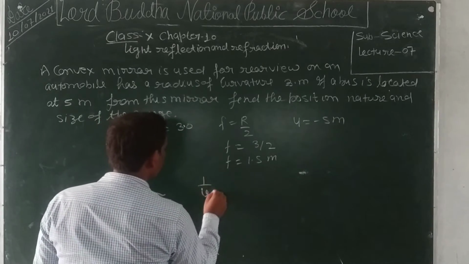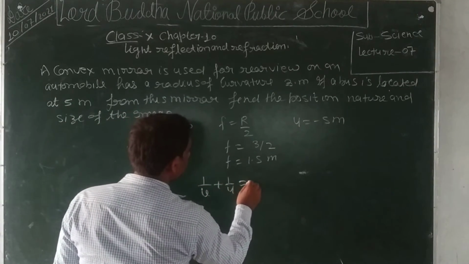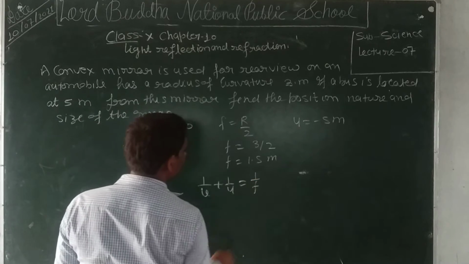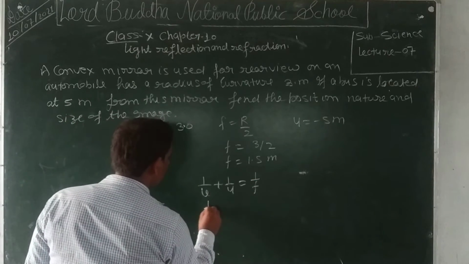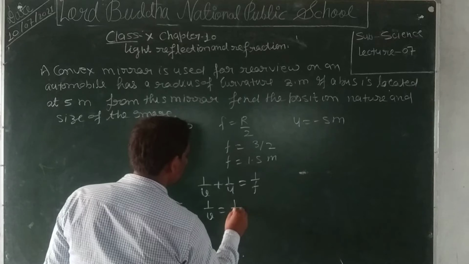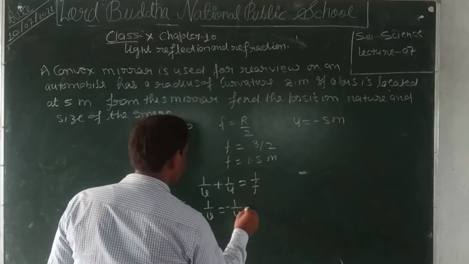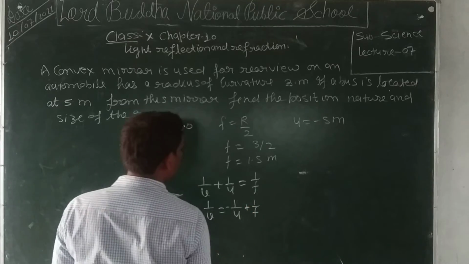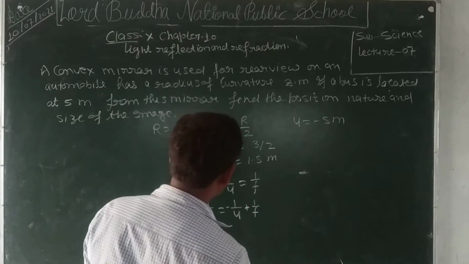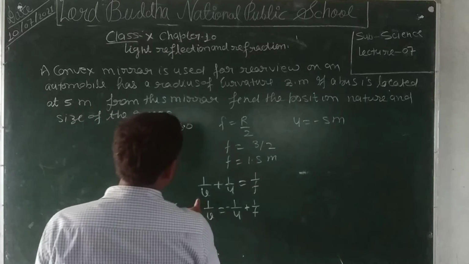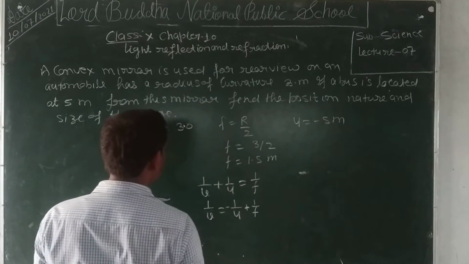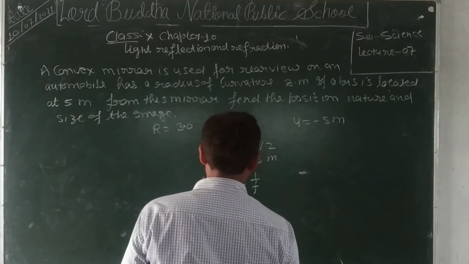So 1/v plus 1/u equal to 1/f by the mirror formula. So 1/v equal to minus 1/u plus 1/f. Clear? Now we will put the values.